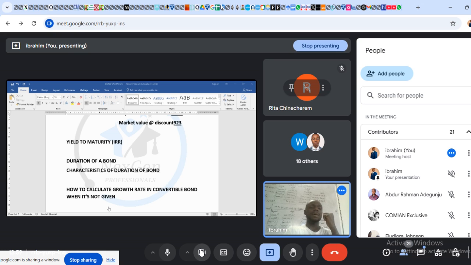Class, this is how the question on bonds usually comes. You cannot determine the market value of a bond without yield to maturity, which means that you need to calculate yield to maturity, because what you will use to discount the market value of a bond is yield to maturity.